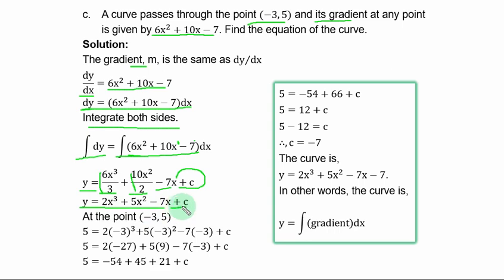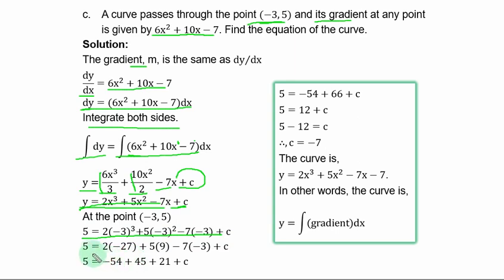You need to get c, so you use the point that the curve passes through. So at that point, s is -3 and y is 5. You replace them in this result and you have this.